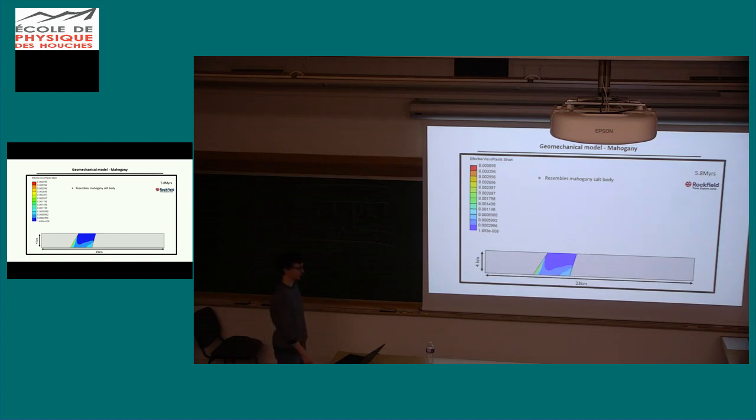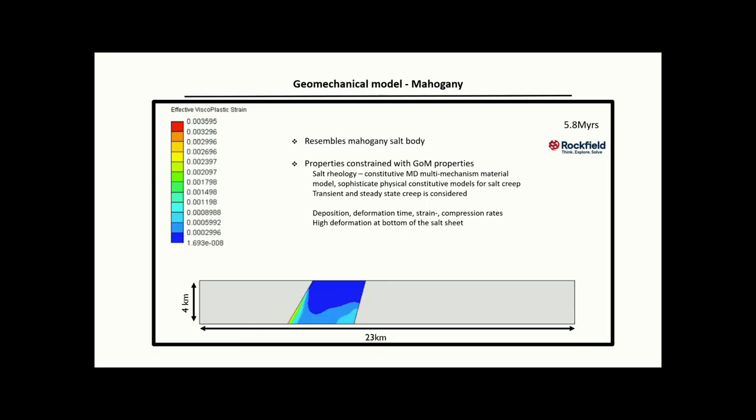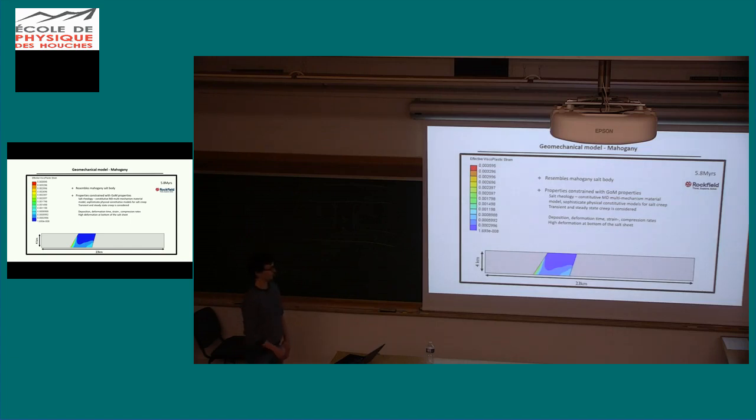We didn't want too much complexity inside the model. And we constrained the properties with quite typical Gulf of Mexico properties, which applies to the rheology of the salt, the general geometry, as well as the compression rates, for example.